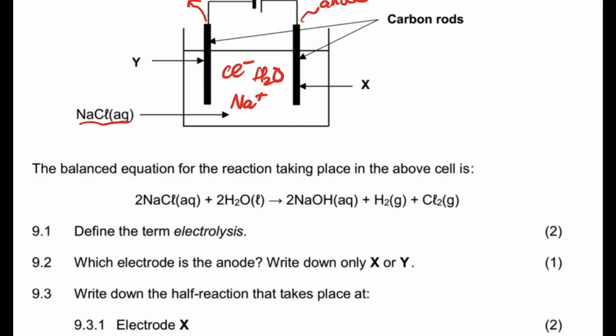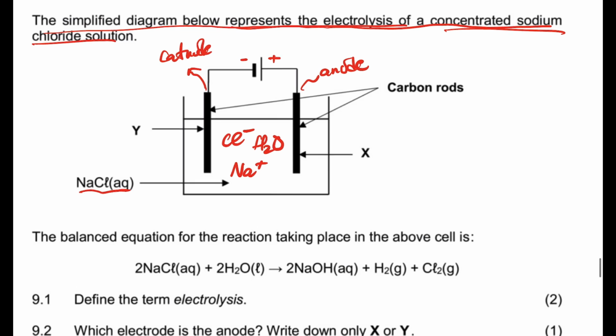So what's going to happen? There will be an oxidation and a reduction there. So if you look at the chloride ion, it will oxidize at the anode there. So this is what is going to happen. The chloride ion will oxidize to chlorine gas, that's the oxidation that happens here.